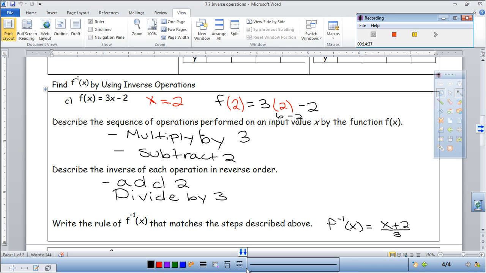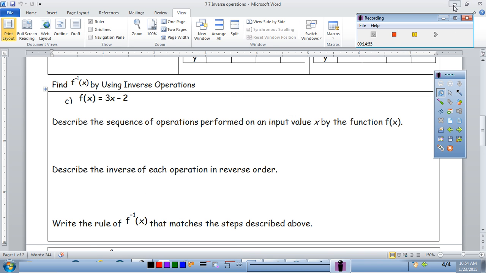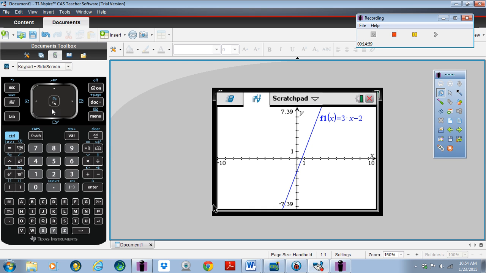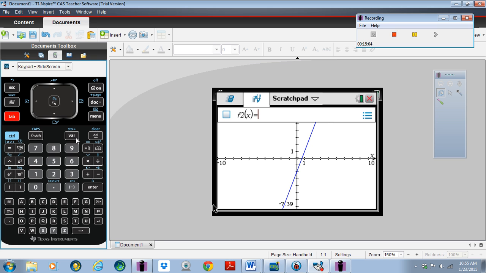Okay, so now we're going to go to our graph, and we're going to enter that in. So remember, you hit your tab button to bring down f of x.